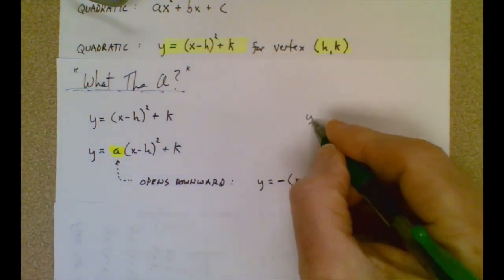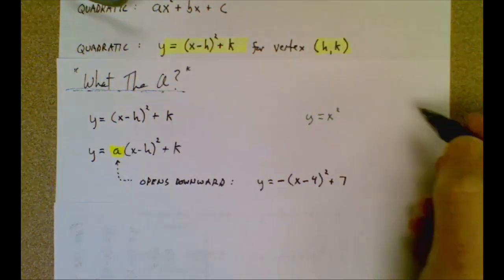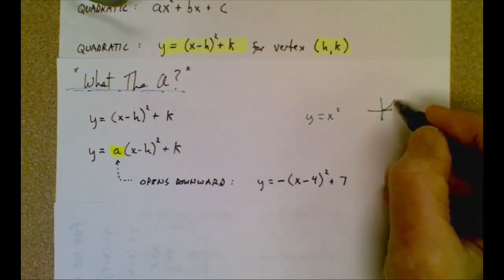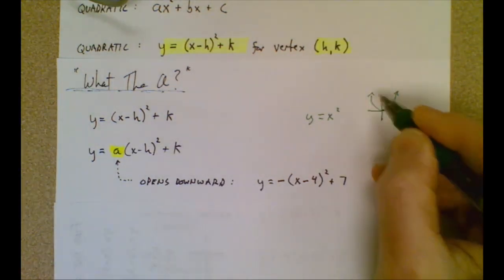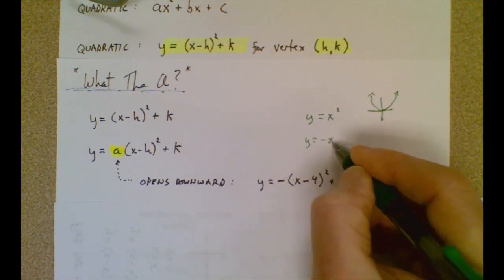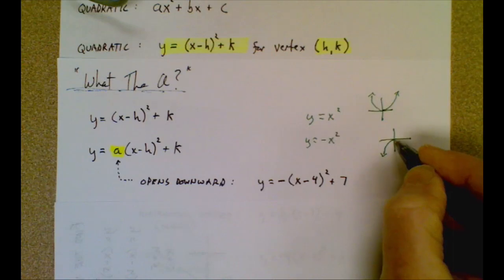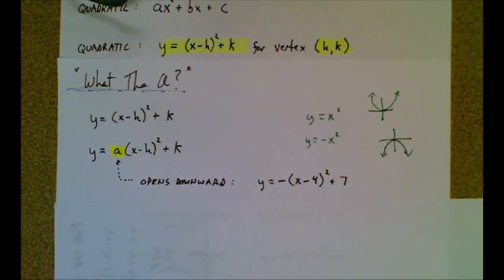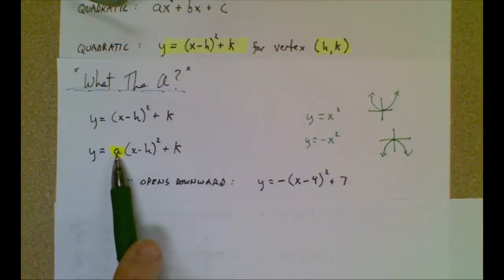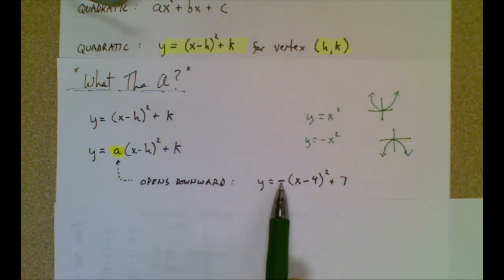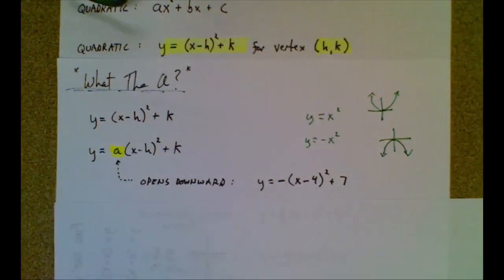For example, you know the parent graph y equals x squared looks like that. If you were given y equals -x squared, you would know that's just a reflection about the x-axis, and it opens downward. So when you see that a as a negative or -1, you know you're in that situation.